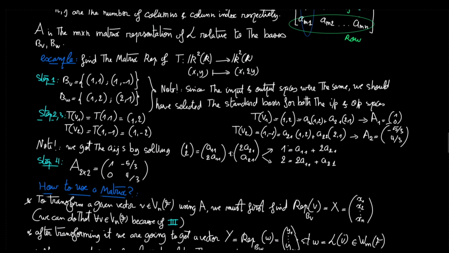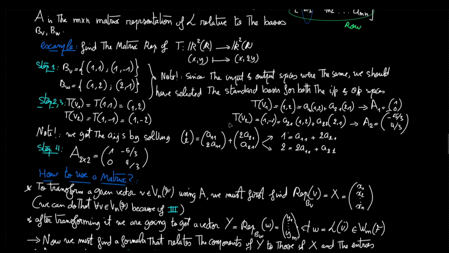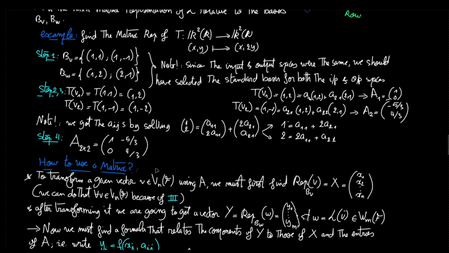So 1 is equal to A11 plus 2 A21, and same thing for the second row. Solve your system of equations and do the same thing for the second column vector and get the second matrix column. Now stack these side by side and you get your matrix, this 2 by 2 matrix relative to these two bases.